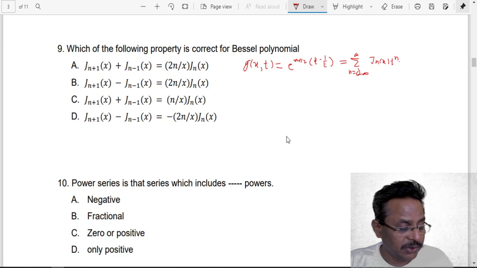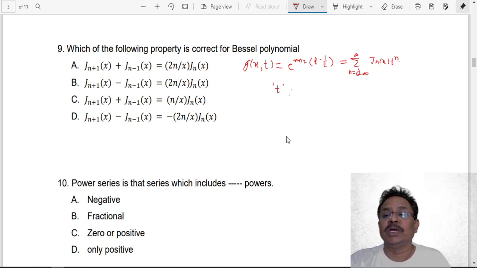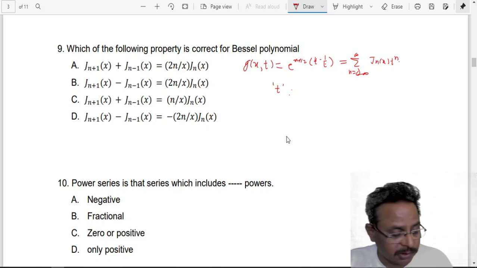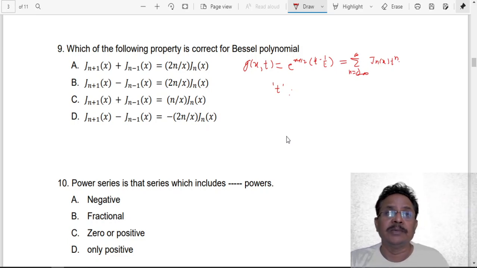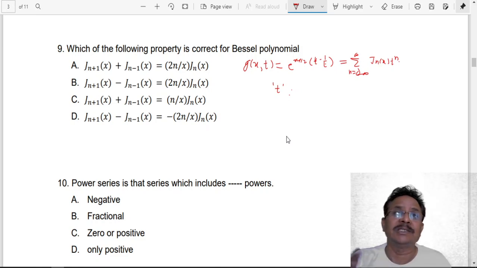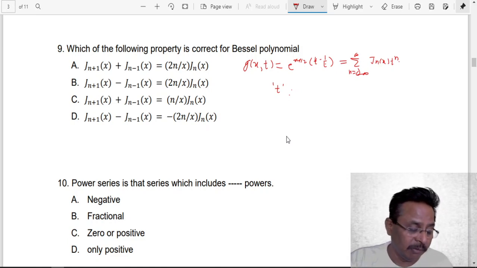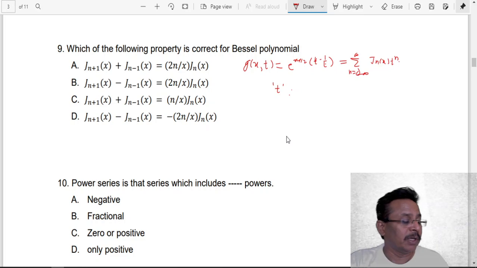Now differentiating with respect to t. Whenever we are supposed to get this type of recurrence relation, we have to differentiate this function with respect to t, separate out these terms, and then equate the terms of t raised to n. Accordingly you have to adjust n plus 1 by n, or n by n minus 1 sometimes, depending upon every term, and then we get this type of recurrence relation.